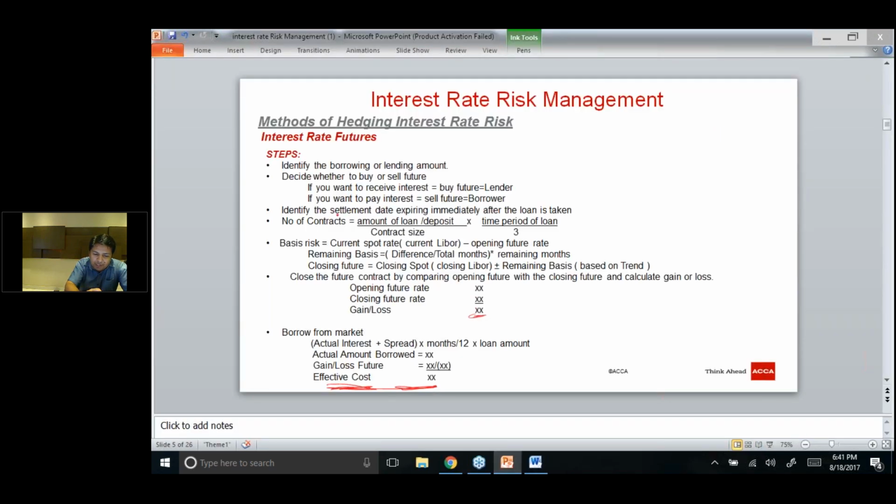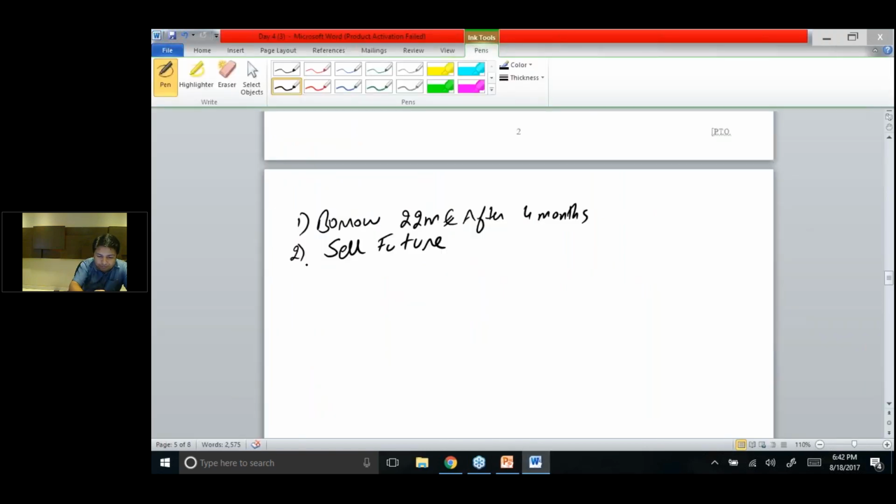Third step is identify the settlement date expiring immediately after the loan is taken. As you are taking loan on 1st May, so you will definitely choose the June contract. $96.16.